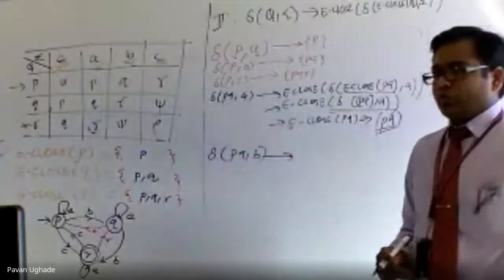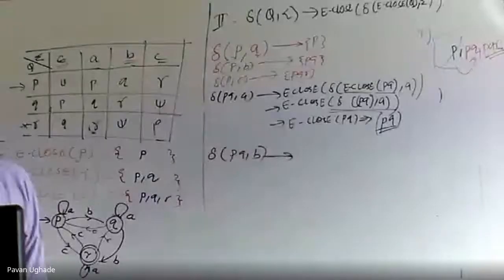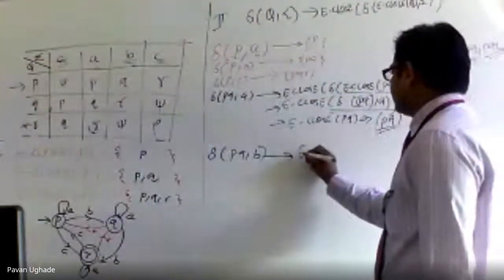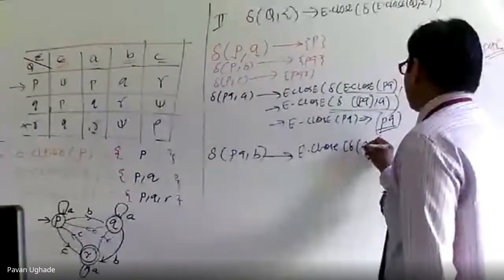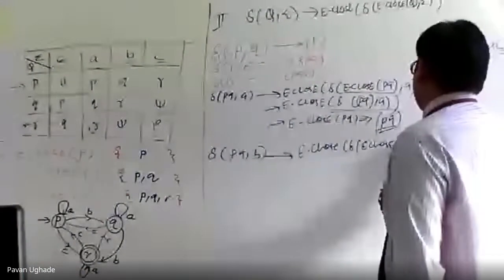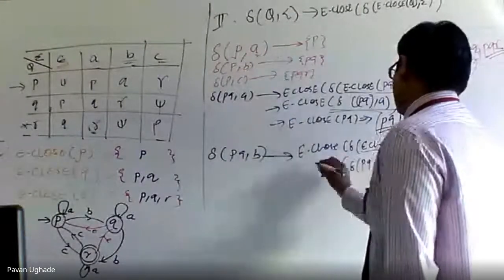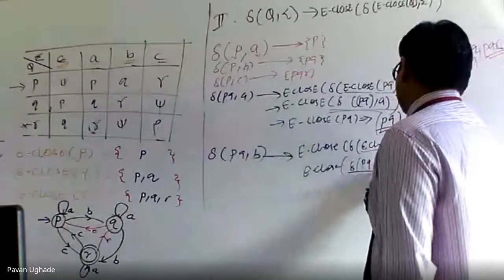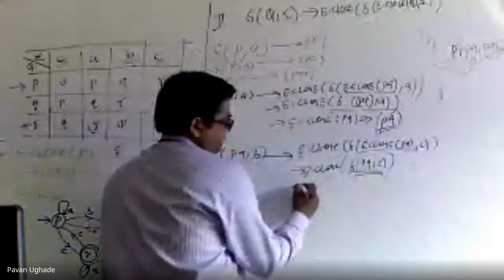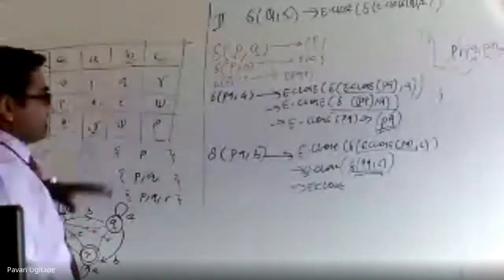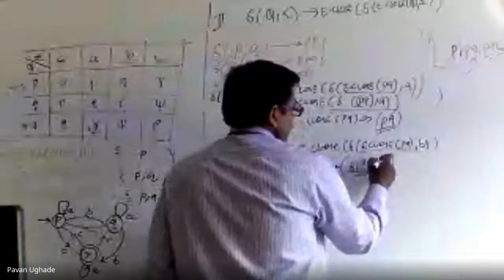Kindly get me the result of PQ over B and PQ over C. PQ over B, sorry, it is B.